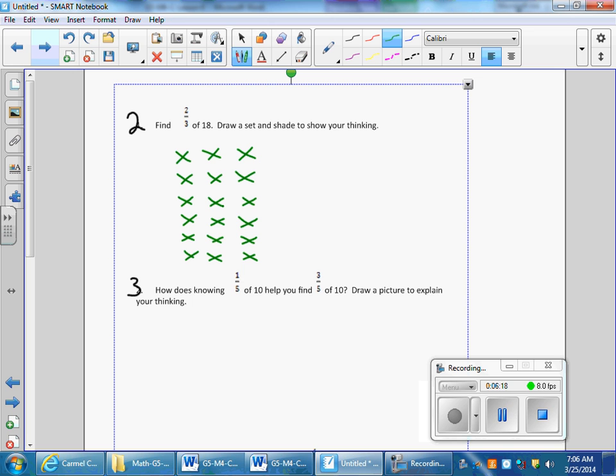Because 2/3 means I'm going to break my 18 up into 3 groups. So I have 1, 2, 3 groups. Now 1/3 of 18 is the same as taking 18 and dividing by 3.